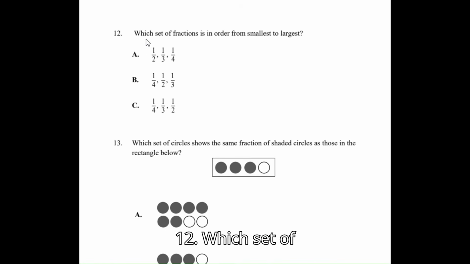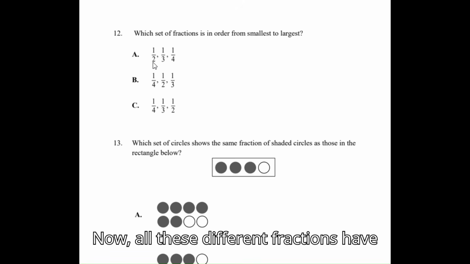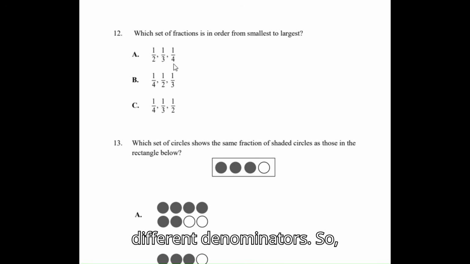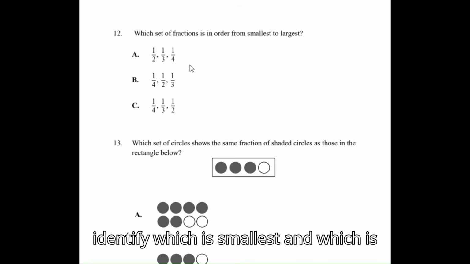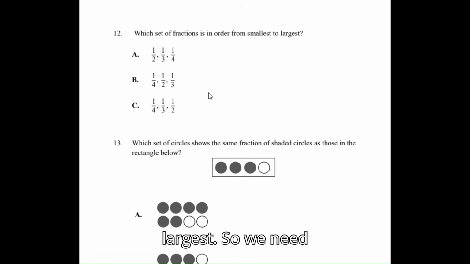Number 12. Which set of fractions is in order from smallest to largest? Now all these different fractions have different denominators, so we are not able to look at them and identify which is smallest and which is largest. So we need to ensure that they have the same denominator in order to order them.